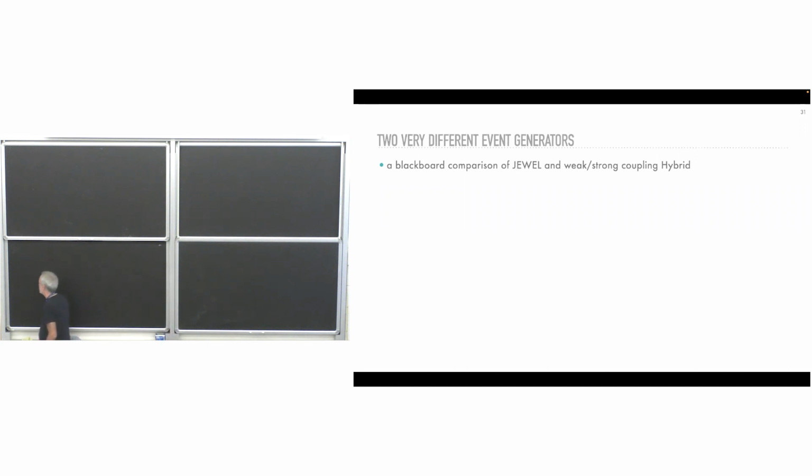So you have something called JEWEL, which, apart from being a pretty name, stands for Jet Evolution With Energy Loss. I'm not a developer of JEWEL, but I've used it a lot and enjoyed it.